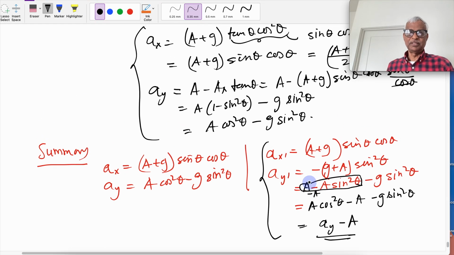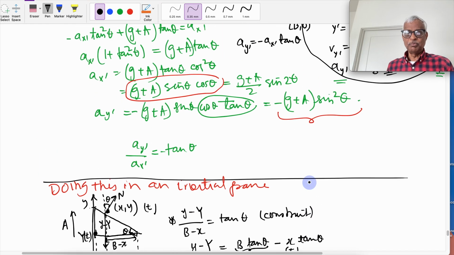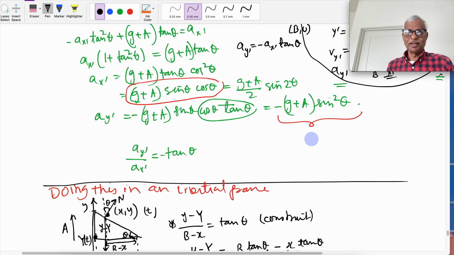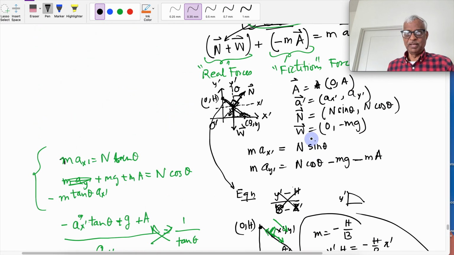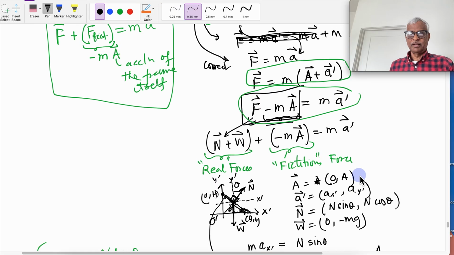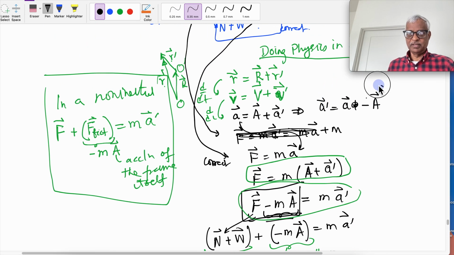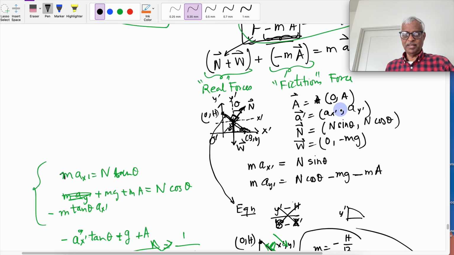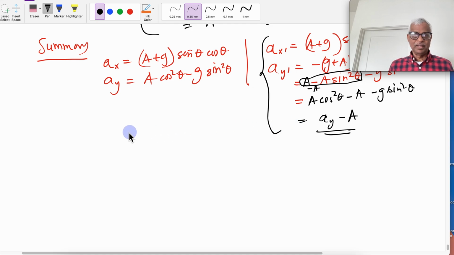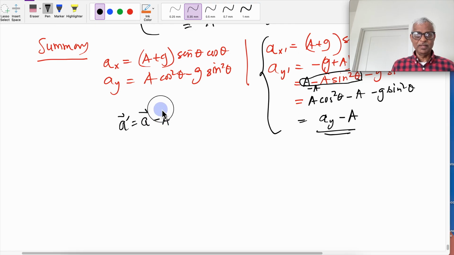If you look at the two frames, if I go back to how the two frames were related back here, when we had, that was the relation. A prime was A minus a. That means AX prime was equal to AX.